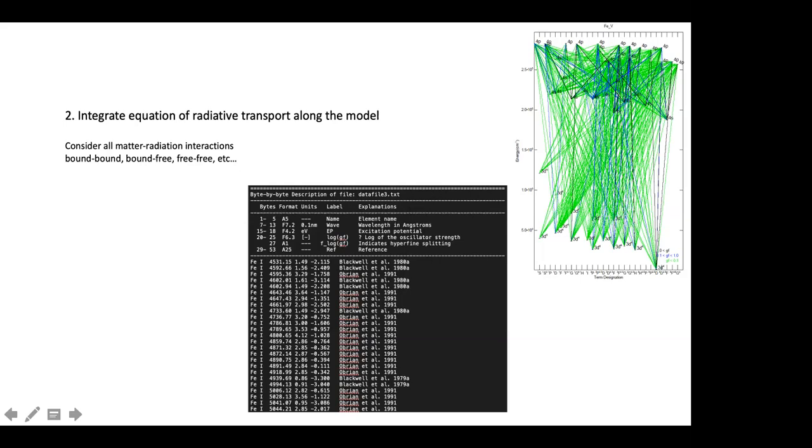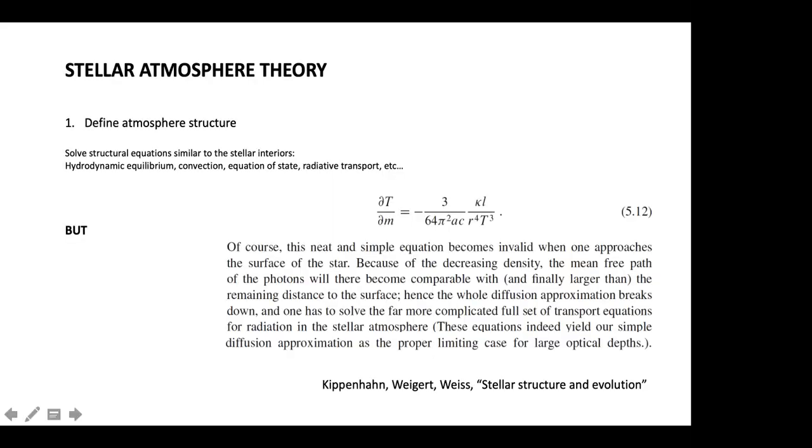So you must model the matter as in the stellar interiors, but you also need to know the interaction between matter and radiation, all the possibilities of interaction between radiation and matter.